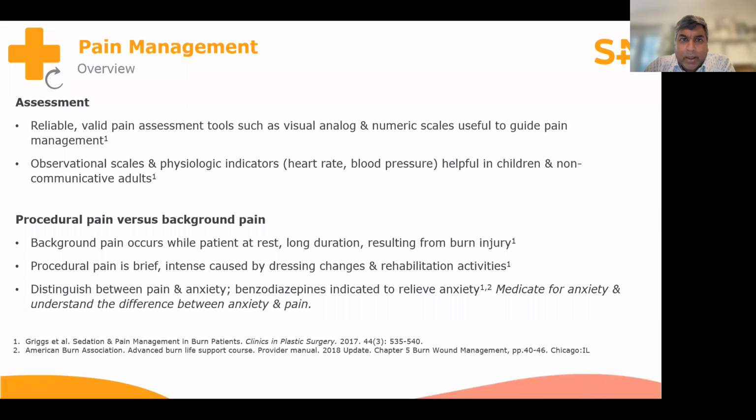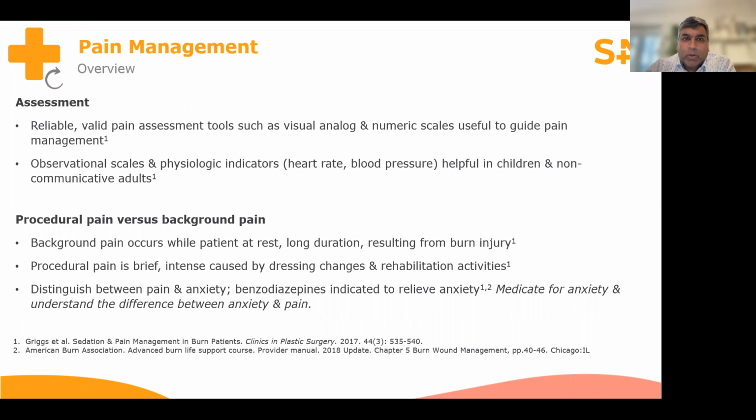And when you have procedural pain, we need to add in some short-acting medications, potentially narcotics such as fentanyl may be useful, understanding that procedural pain isn't just for dressing changes, but also for the physiotherapy and occupational therapy and rehabilitation activities that are present as well.